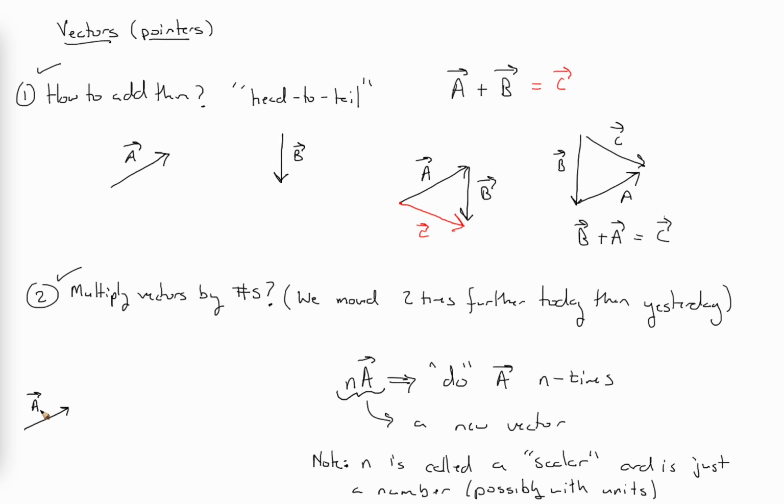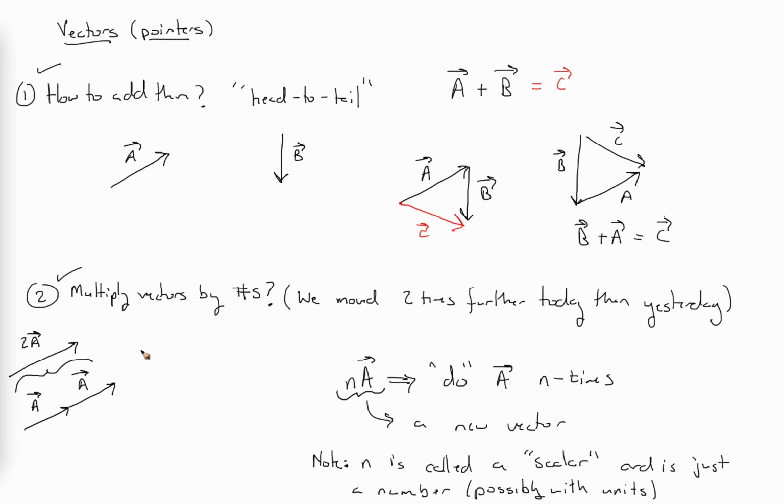So it's really simple. All we do is we think, okay, how are we going to imagine multiplying a vector by a number? Well, let's take 2 vectors and add them together, but let's let those 2 vectors be the same vector. So this would be like I moved 2 miles this direction, and then I moved 2 miles again this direction. Now, what we can say is that we can just call this new vector that's moving all at once, we can call that just twice the first vector.